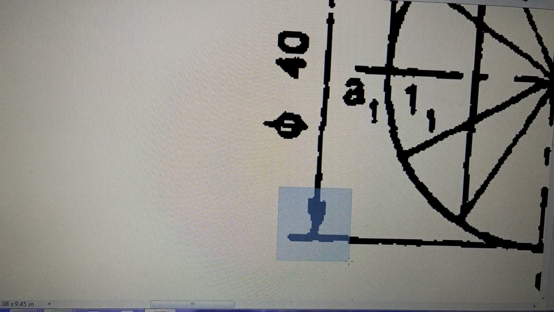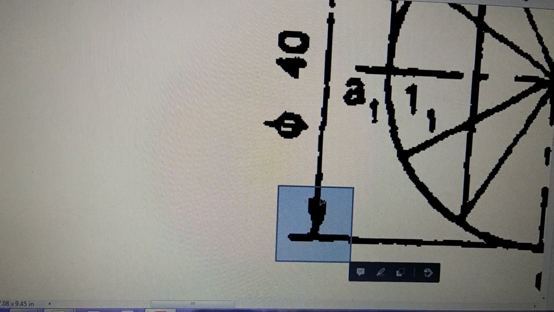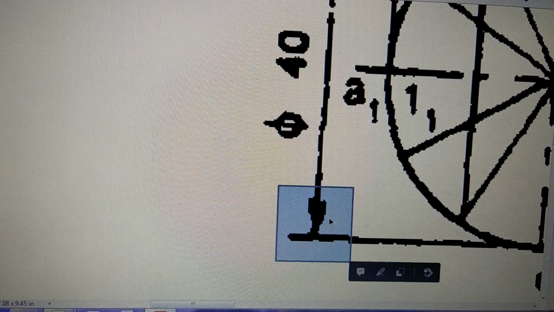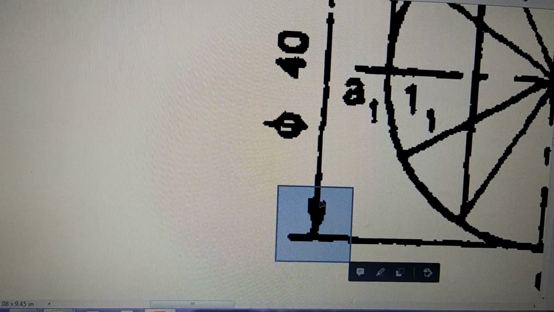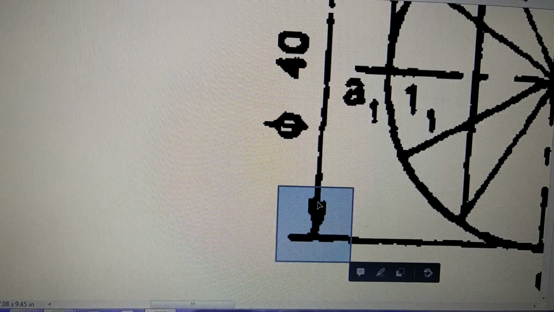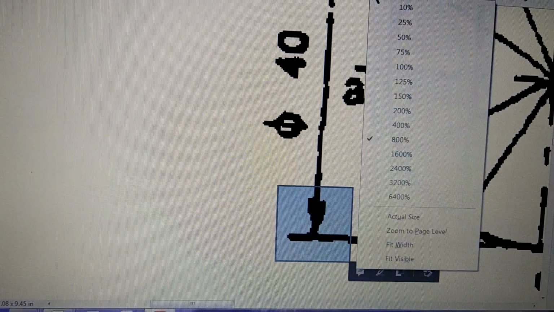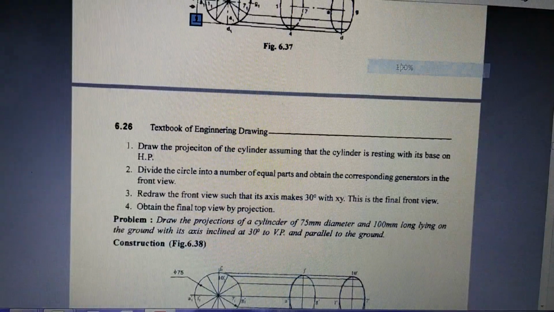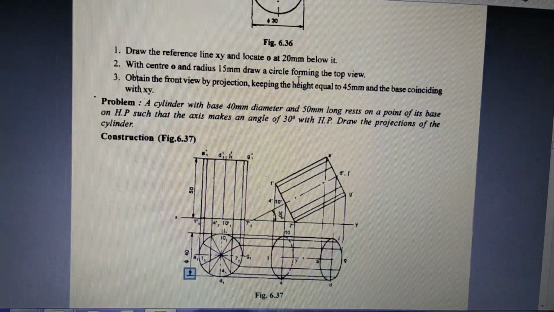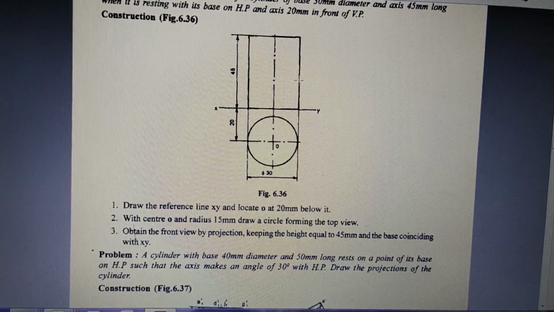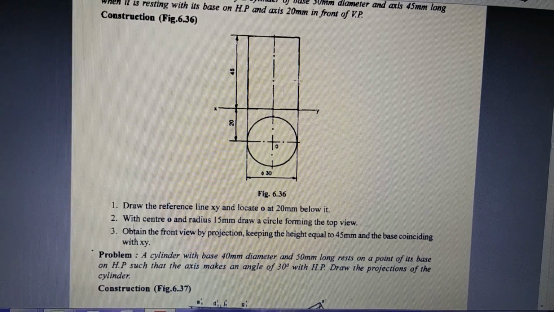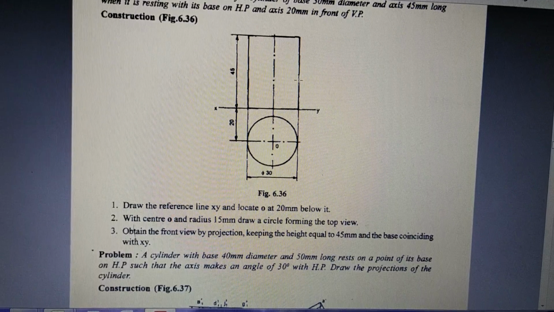If you look at this arrow, this should be 1 mm and this should be 3 mm. Vertical should be about 3 mm and this should be about 1 mm. That should be the shape when you draw the arrowheads. In fact, in the book it is not drawn like this at many places. That's why students are making mistakes. But remember, this is the way it has to be drawn.